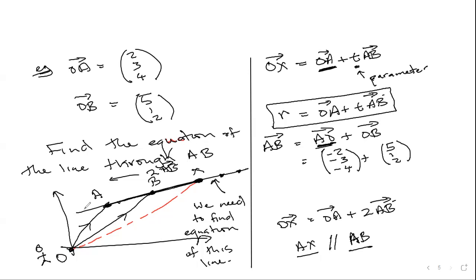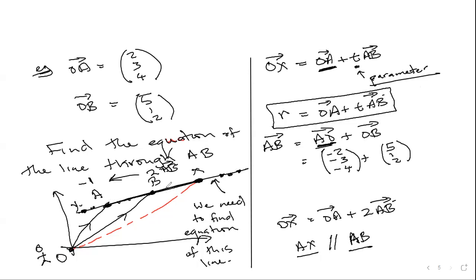So any point on the line, you can find a value for the parameter t. If I want to go to this point, let's call it Y, then it is going to be some negative parameter, like -1, so you're going in the opposite direction.